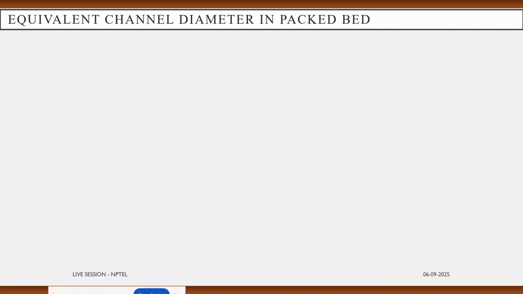So here we already have the equations that we have developed: the surface area of n number of channels, that is n into the surface area of those channels, which will be equal to the surface to volume ratio for any irregular shaped particle, which is termed as this, into the volume of the particle.